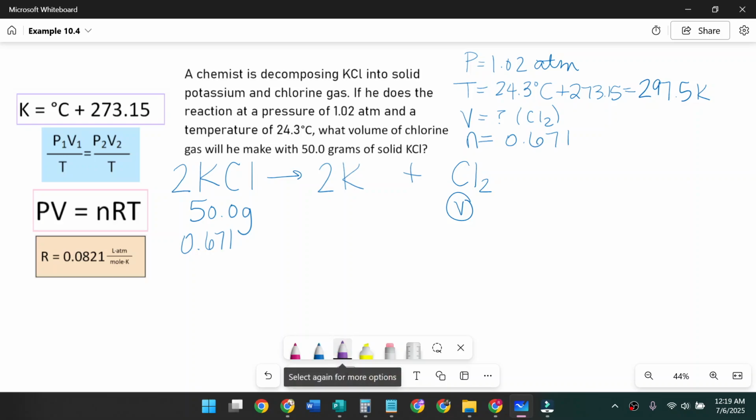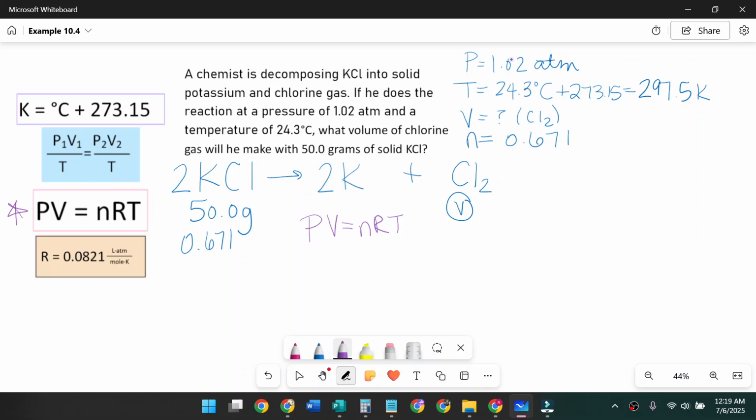So we can use this information now, and we have a formula that has a lot of these, and it includes the volume that we need. So PV equals nRT. Actually, first, before we do that, we need to figure out how many moles of the chlorine gas that we have, because that's the one that we actually care about.